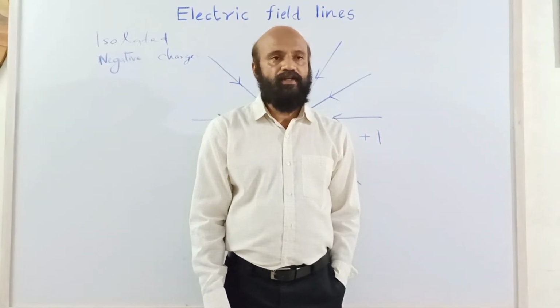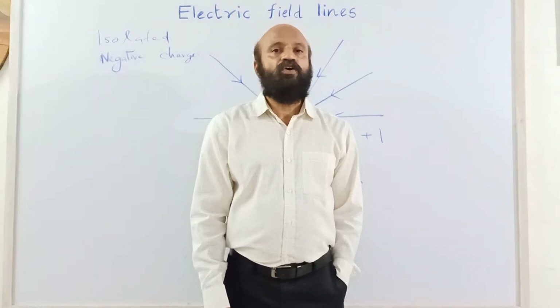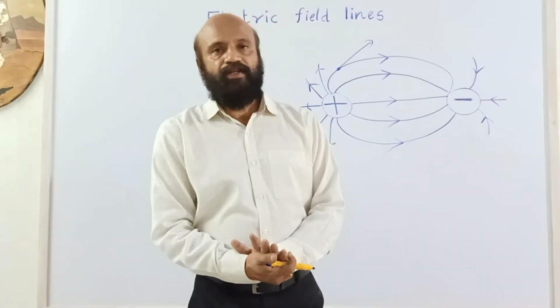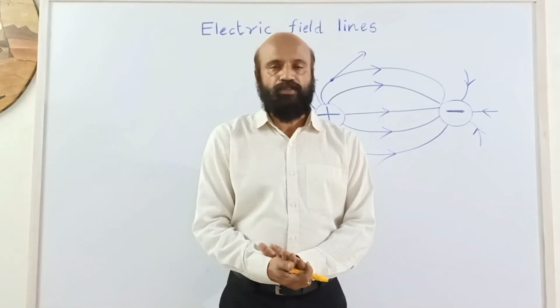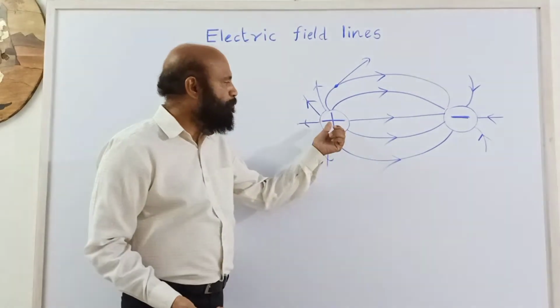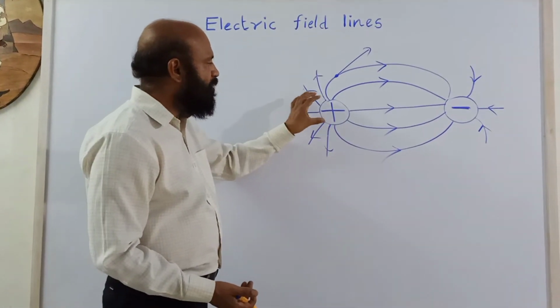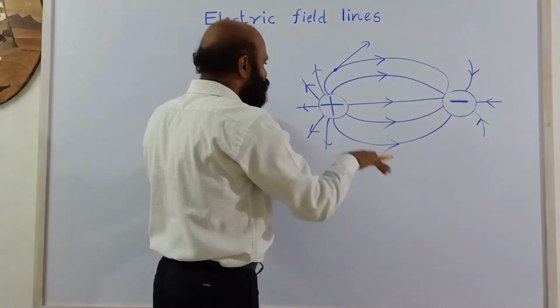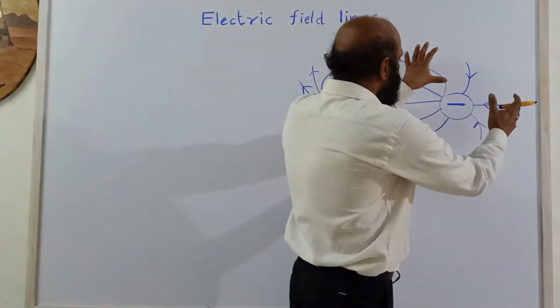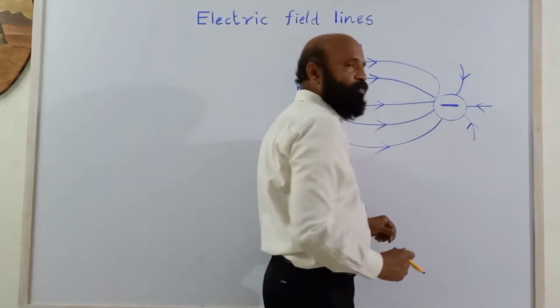For a negative charge, electric field lines are radially inward. We completed isolated positive charge and isolated negative charge.